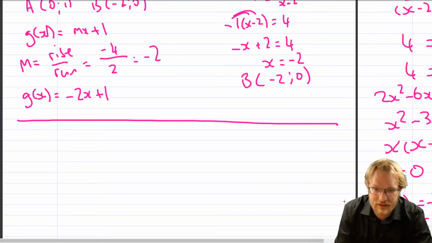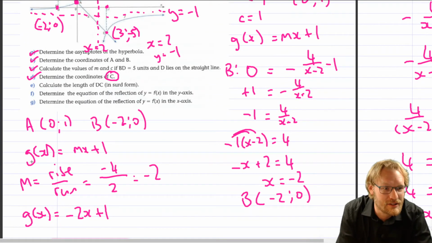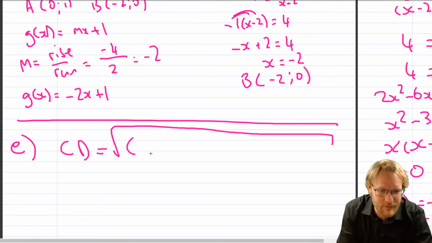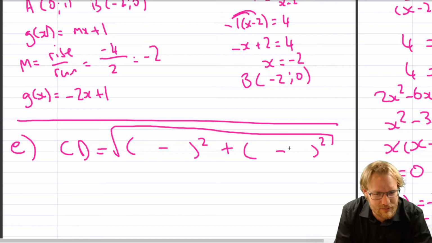So this, I'm going to move over here. We said this is question E. CD equals, do you remember this long formula? This squared plus this squared. Subtract the x values, subtract the y values, punch into your calculator, and get an answer. So let's do that.